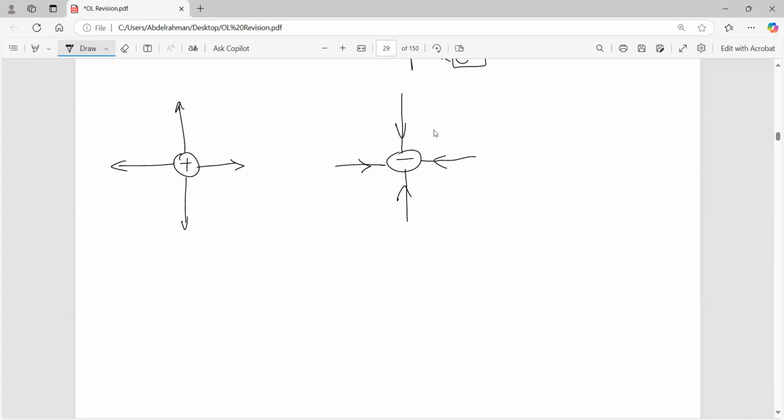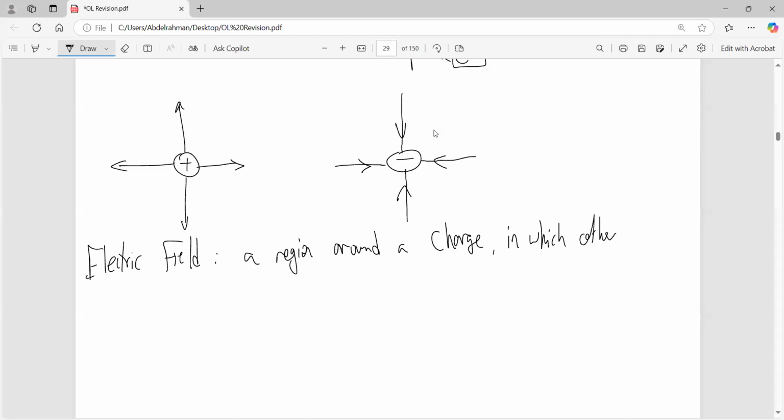An electric field is a region around a charge in which other charges experience an electrostatic force.